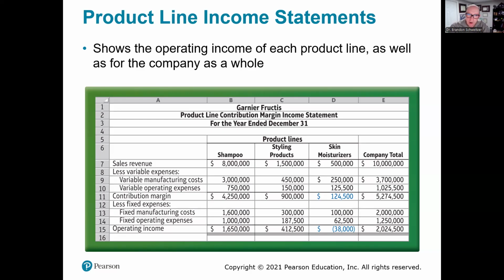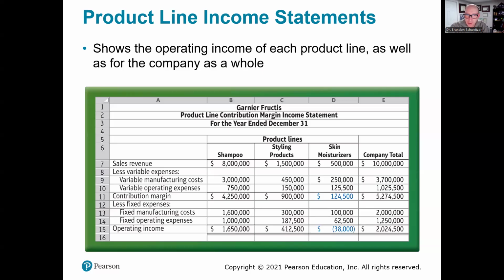And we also have our sales revenue, as you can see, shampoo leading the way with 8 million, 1.5 for the styling products, 500,000 for the skin moisturizer. Total revenue of 10 million. We have our variable manufacturing and operating costs separated out from our fixed, so that way we can calculate a proper contribution margin.